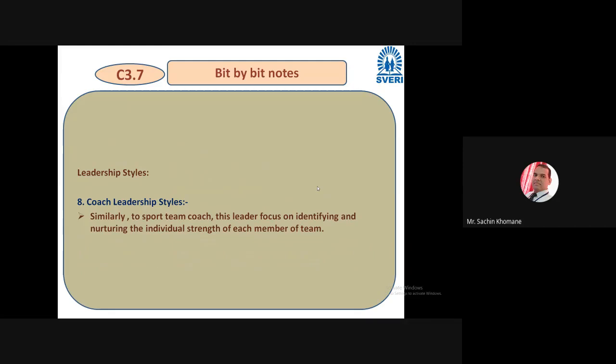Take 1 minute for this activity, because after learning so many styles, you should decide that yes, so and so leadership style I will like. Think for 1 minute and put it in the chat box. We have seen almost 8 types of leadership styles, so I want an answer from your side.